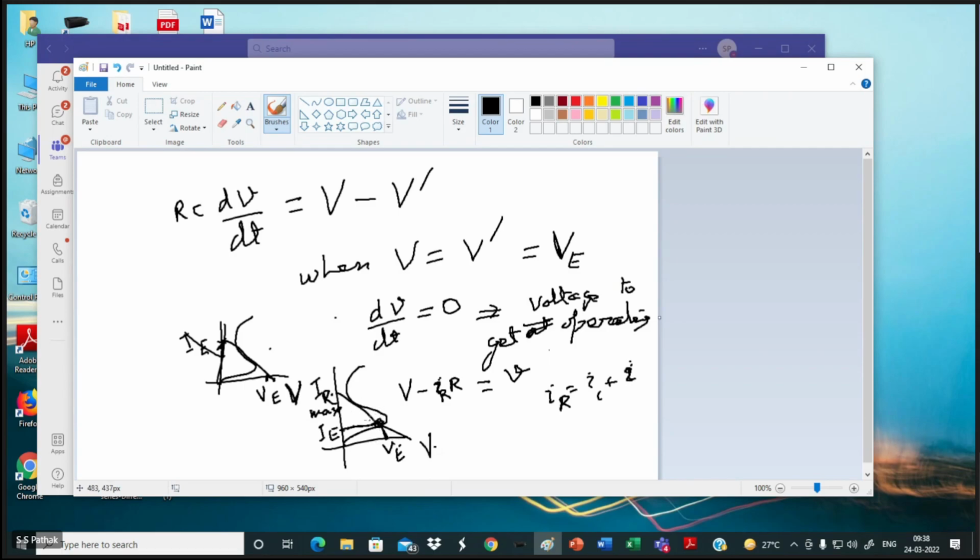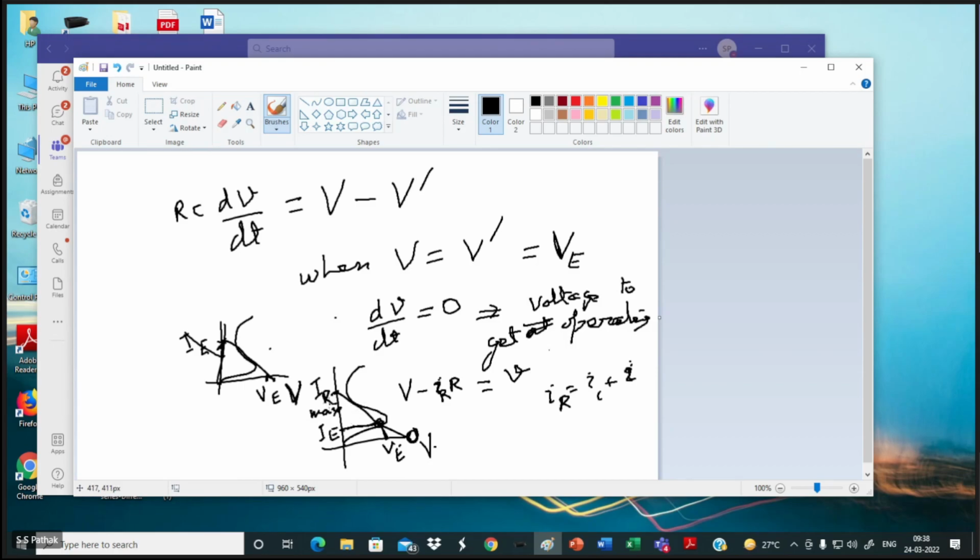So IE and VE we can get. V is known to us. This is the V we have applied. What is the maximum value? IR maximum. IR maximum will be when the capacitor is short circuit. Okay. That means initially there is no charge on the capacitor. Okay. So IR will be equal to your I. So this IR will be equal to IE.